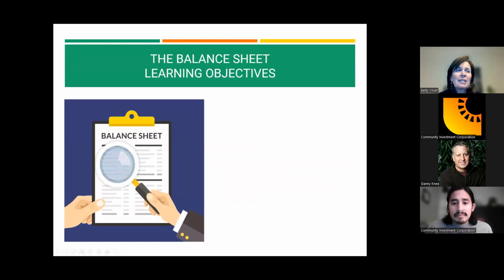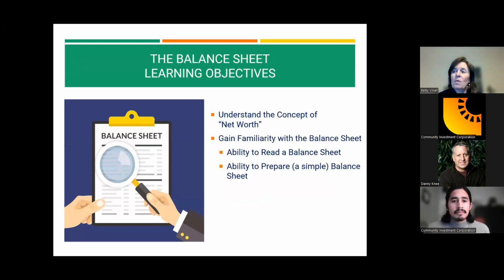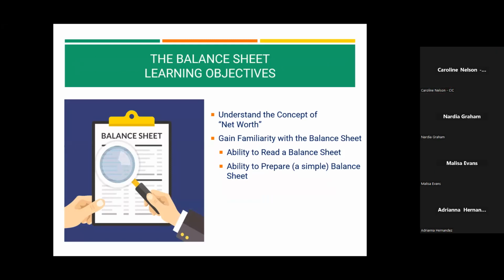Tonight, we're going to talk about the balance sheet, and we're going to work so that you understand the concept of your net worth. We're going to gain familiarity with the balance sheet. I'm hoping I can make it easy for you to understand the different components of a balance sheet and how they work together.